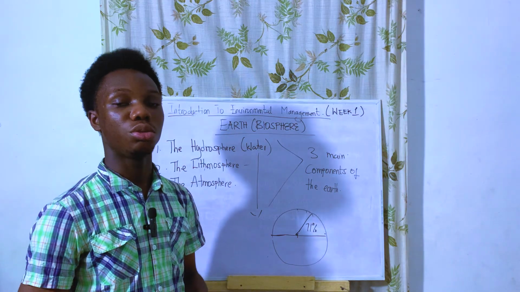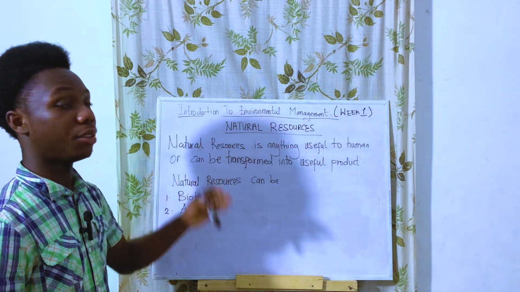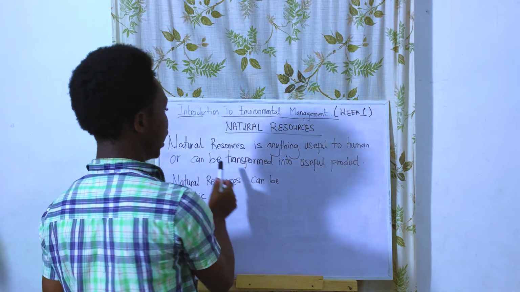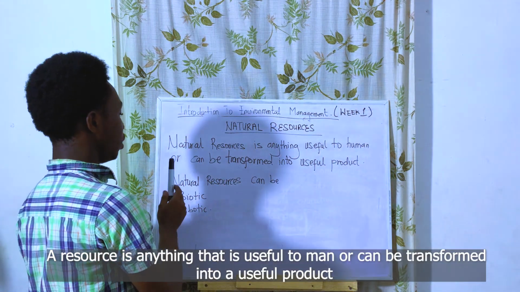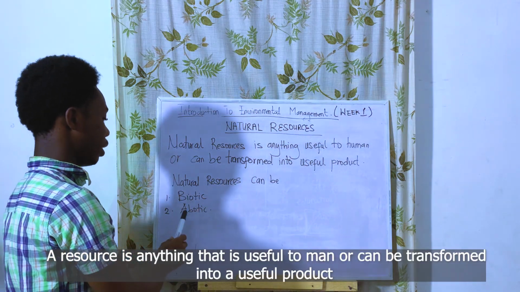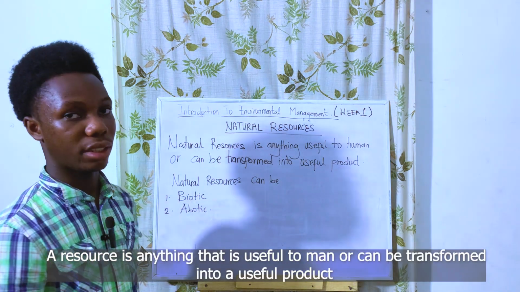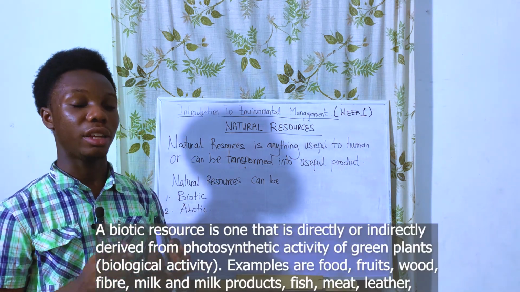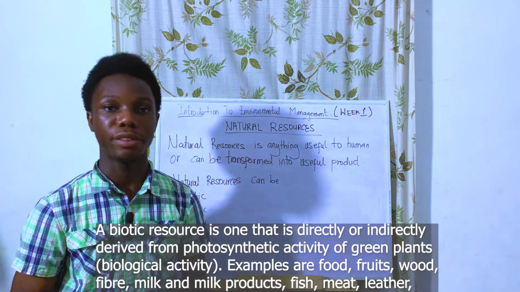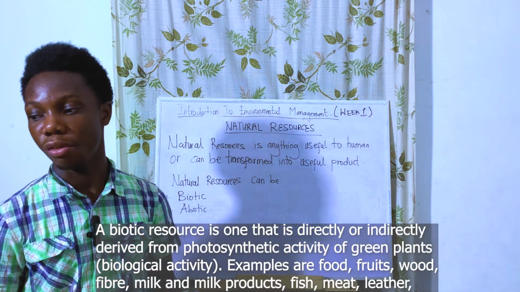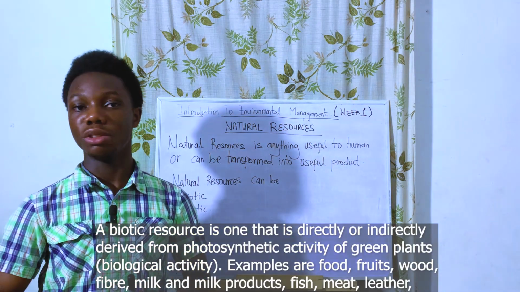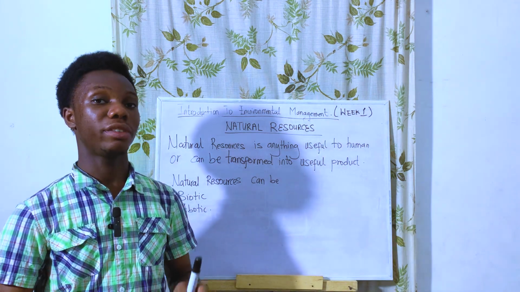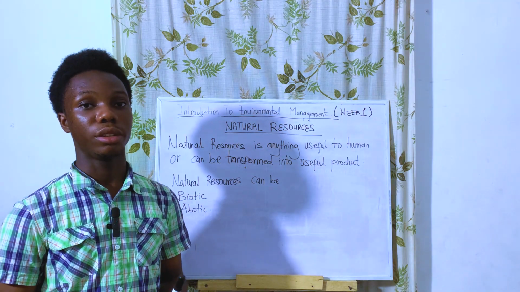So now let's move on to natural resource. Natural resource is anything useful to man or can be transformed into useful products. So the natural resource can be biotic or abiotic. I've already explained this. So when we say biotic resource, it is the one that is directly or indirectly derived from photosynthetic activity of green plants. When we say photosynthetic, we know photosynthesis. It is the process whereby plants manufacture their own food, right?